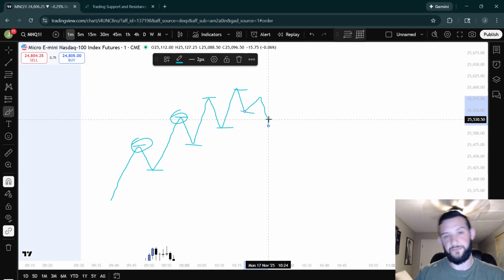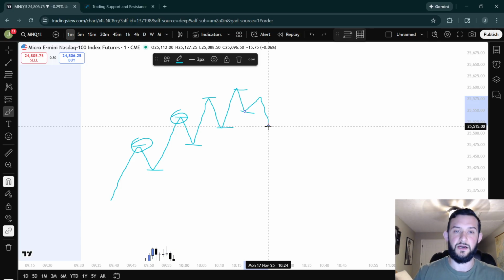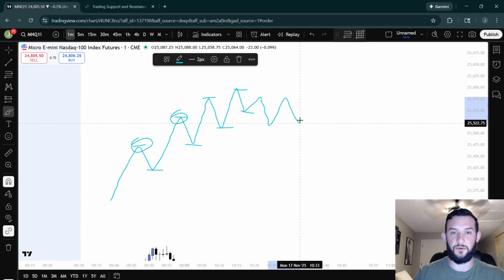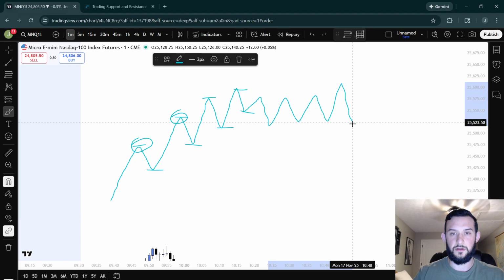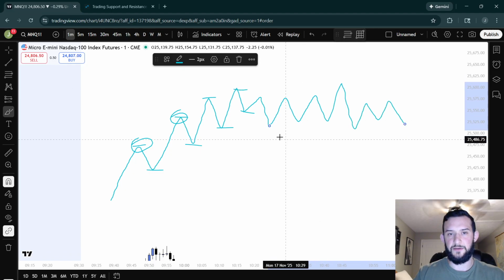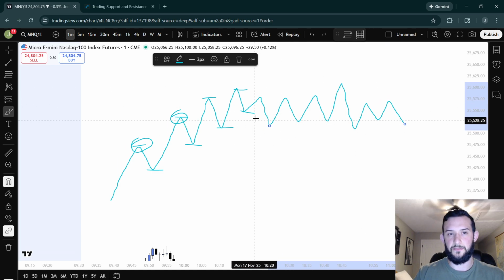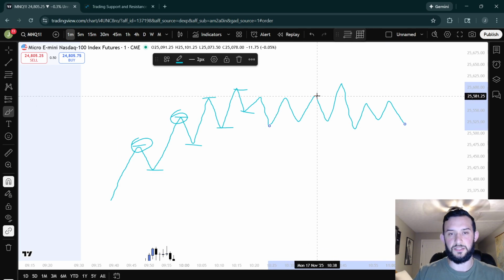Does it mean that we're going to keep going down? Not necessarily. A lot of the time the market will just start going sideways like this, right? It'll start going to the side. And there isn't really a clear trend here, right? We're just compressing, we're consolidating. That's when buyers and sellers are basically competing to gain control of the market.